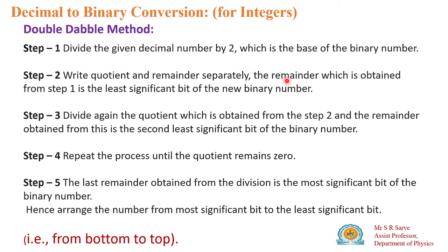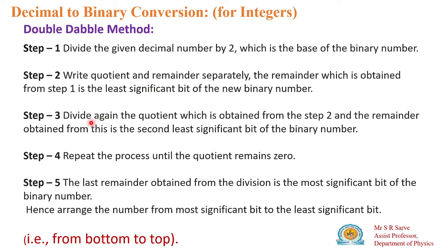The remainder obtained from step 1 is the least significant bit. जो भी रिमाइंडर अपने को मिलेगा, 2 से डिवाइड करने के बाद पहले स्टेप में, वो रहेगा अपना सबसे लास्ट डिजिट बाइनरी नंबर का. OK, so the remainder which is obtained is the least significant bit of the binary number.